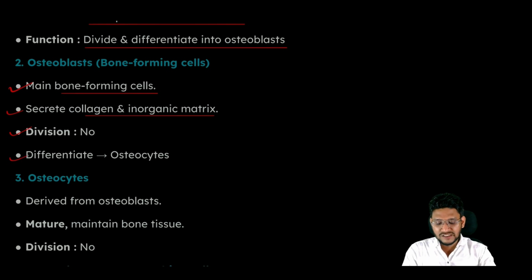They will only differentiate into osteocytes. This is important. So osteoprogenitor cells, OPC, will differentiate into osteoblasts, and these osteoblasts will differentiate into osteocytes.